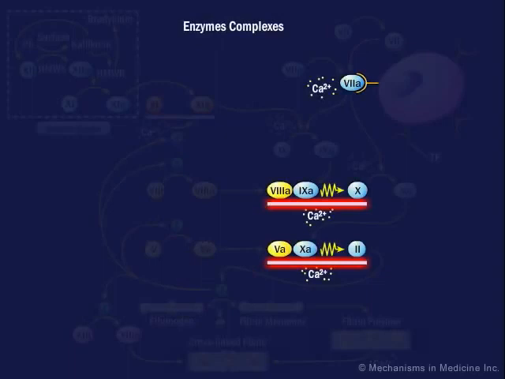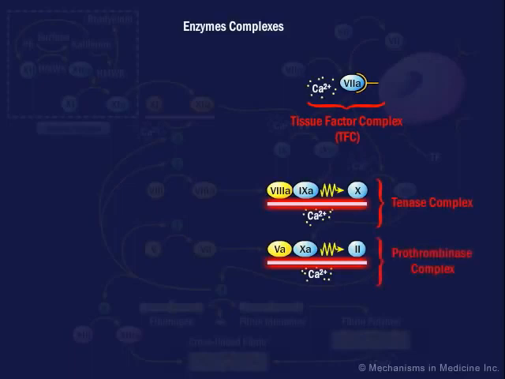Coagulation proceeds by the formation of three enzyme complexes: the tissue factor complex, tissue factor and factor 7A; the tenase complex, factor 8A and factor 9A; and the prothrombinase complex, factor 5A and factor 10A. Each of these complexes involves a serine protease, factor 7A, factor 9A, and factor 10A, a membrane-bound cofactor, tissue factor, factor 8A, and factor 5A, and calcium.